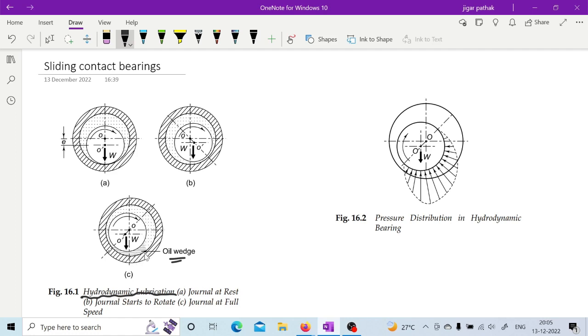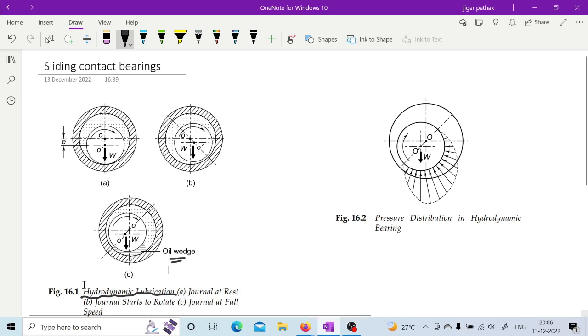So at full speed enough separation is achieved, and the pressure distribution in a hydrodynamic bearing is given by this particular profile. So in the sliding contact bearing, hydrodynamic lubrication behaves as shown in figure 16.1.